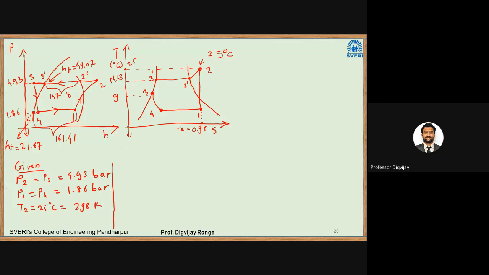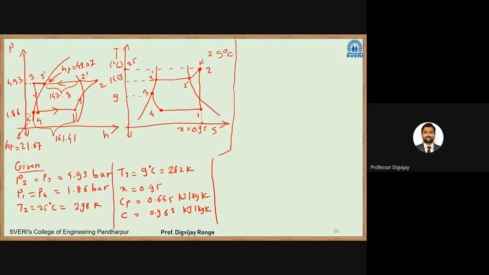Next, T3 is given as 9 degrees Celsius plus 273, so that will be 282 Kelvin. X is given as 0.95. They have given Cp of superheated vapor as 0.645 kilojoule per kg Kelvin, and the specific heat of liquid as 0.963 kilojoule per kg Kelvin. So this is the given data.